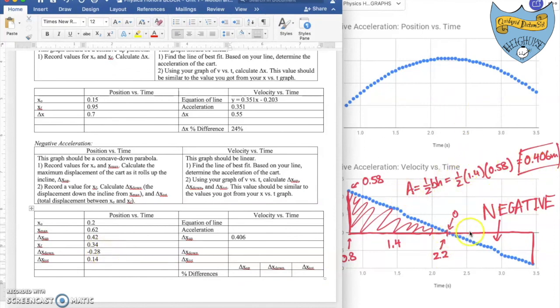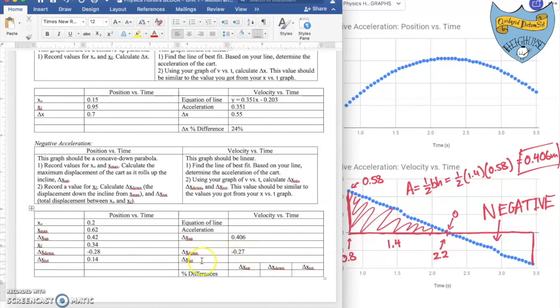Look up two data points to get the time interval. Look up this final velocity to get the height of your triangle, 1/2 base times height. You get numbers. You hope that they are similar to negative 0.28. I'm going to just pretend it was negative 0.27. Awesome. I'm so good at physics, at least making up numbers.